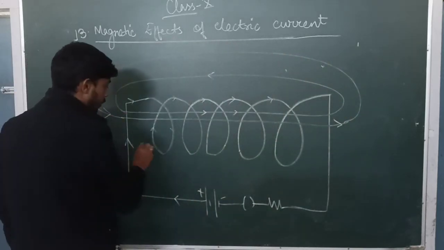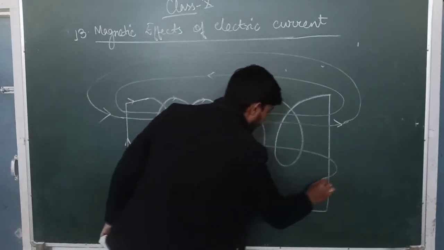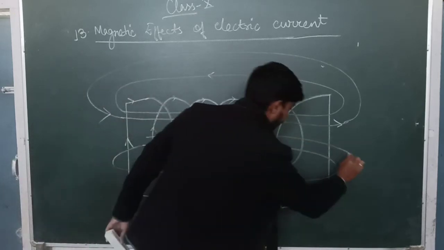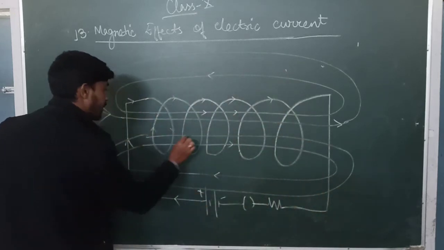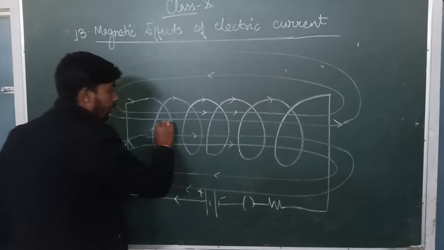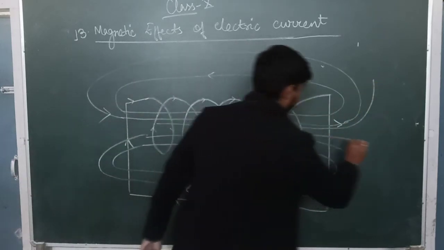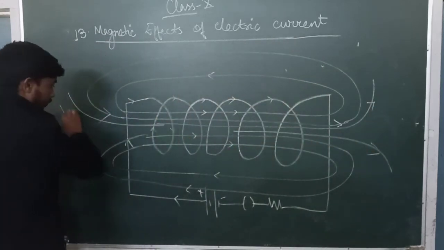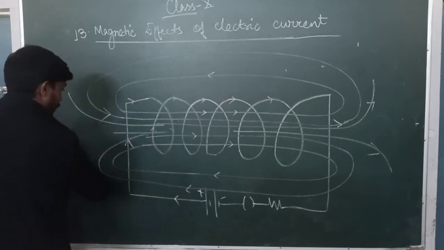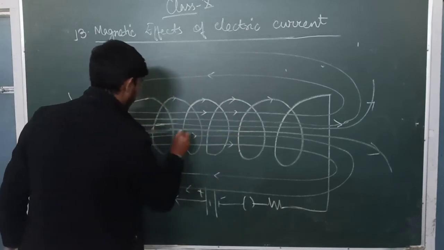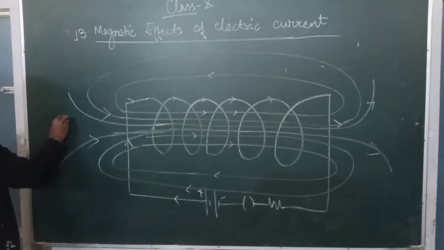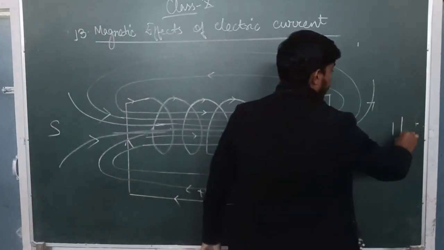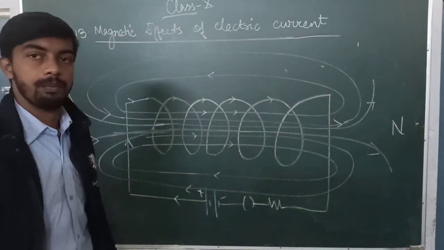So magnetic field lines will move through the conductor in a circular manner. Like this, magnetic field lines will move along the conductor. Finally, this side will be the south and this part will be the north of the magnet.